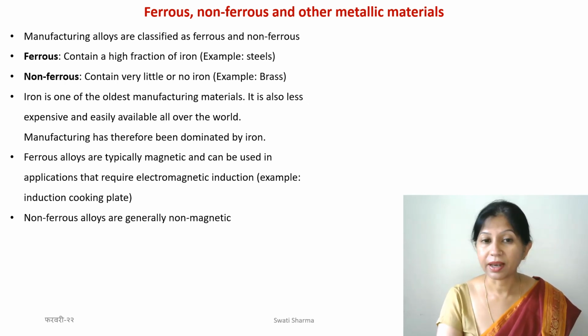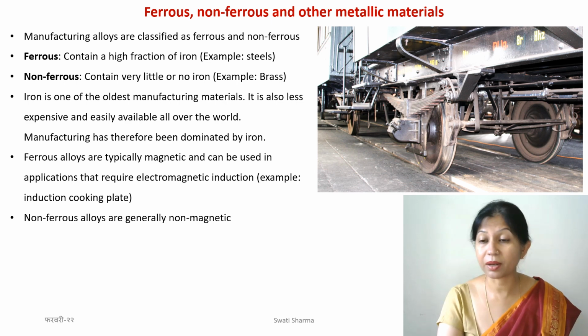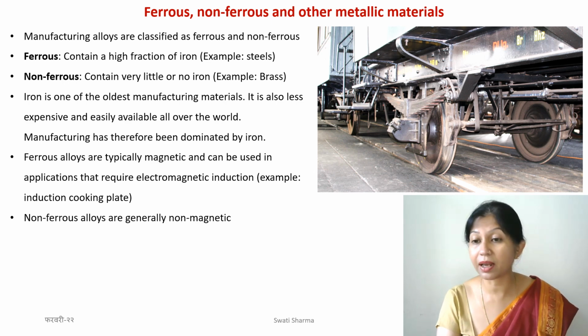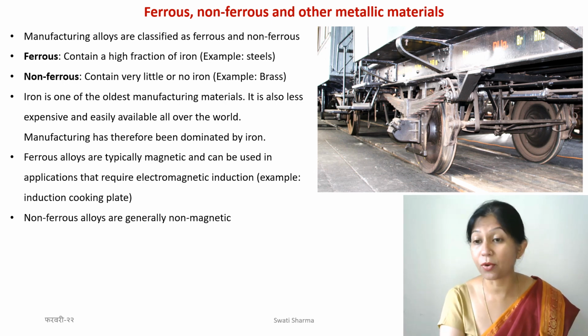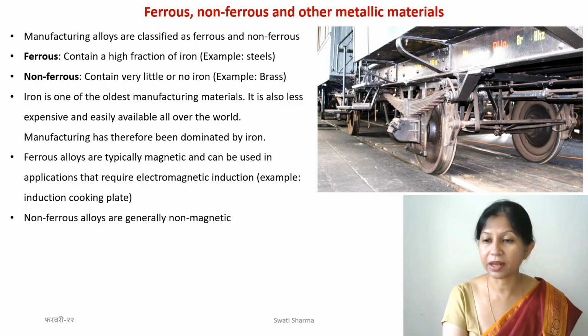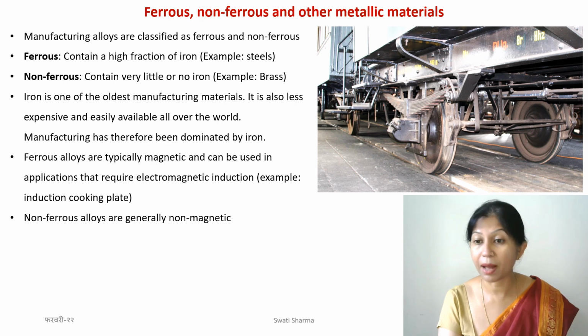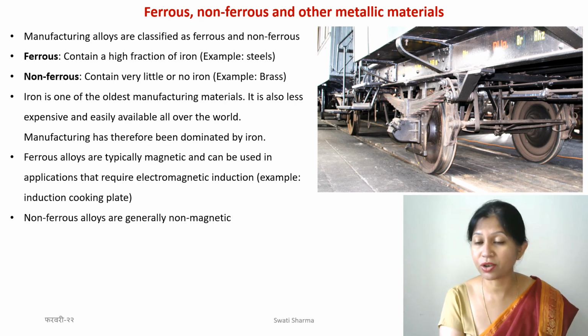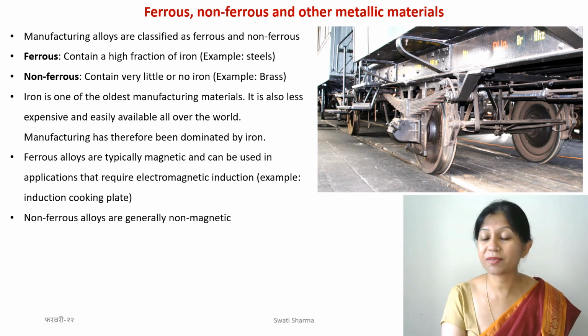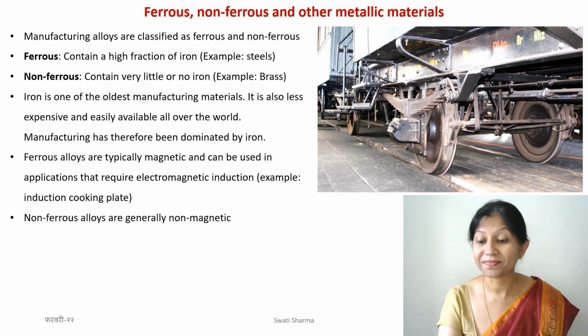Non-ferrous alloys, on the other hand, generally do not have magnetic properties. Of course, other than iron, nickel and cobalt also show some magnetism. So depending upon what type of alloy you're using, you can use them either for magnetic applications or not. This is a picture of one good old-fashioned train where everything was made of metal. In this particular case, mainly that of iron.